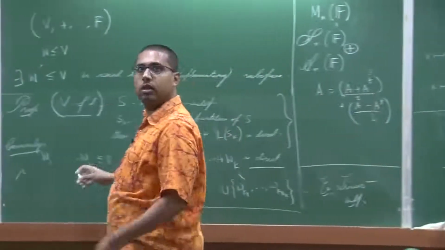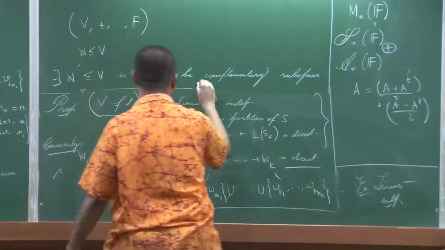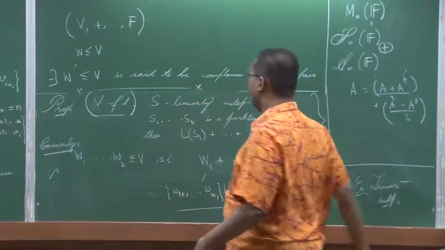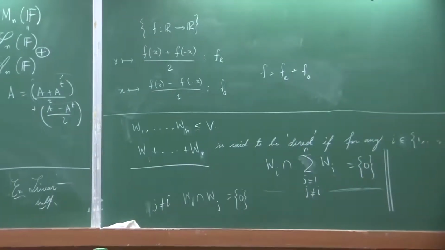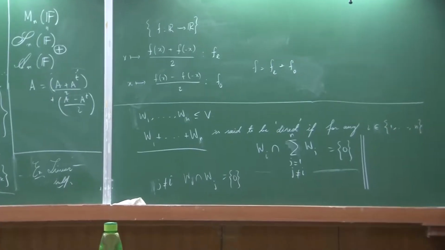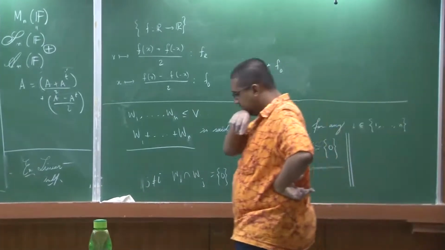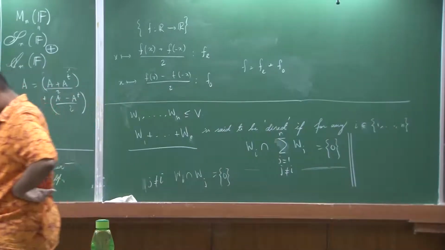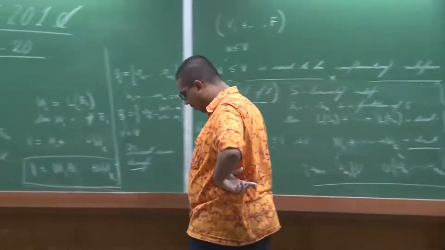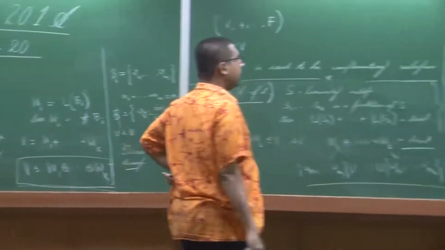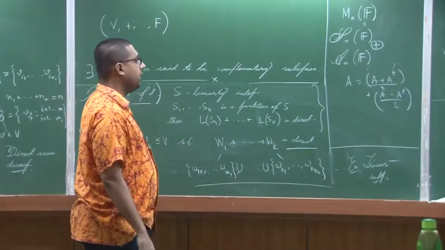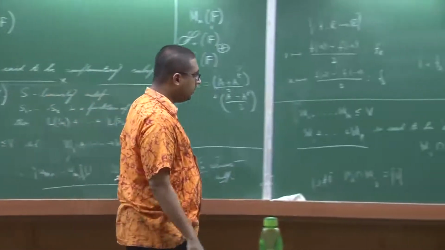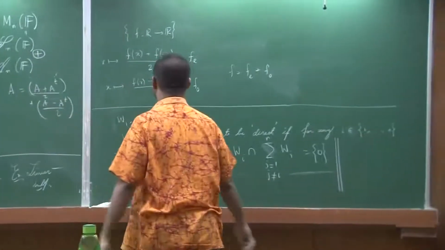Now we need to complete the definition that we have left out here. Before that, let me think whether we have some more interesting examples of direct sums. So, even and odd functions, symmetric and skew symmetric matrices, and more generally.